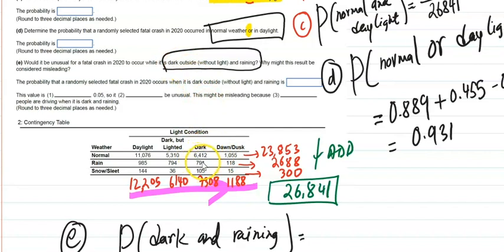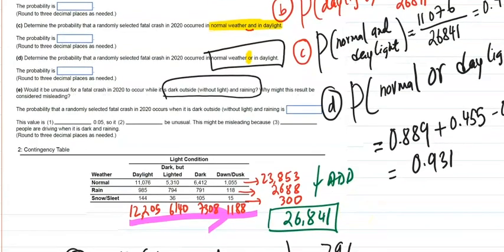It is 791. So 791 fatal crashes occur in the rain and also in the dark. I'm going to put this in the numerator. The total number of accidents is again 26,841, like before. If you divide, you get 0.029.